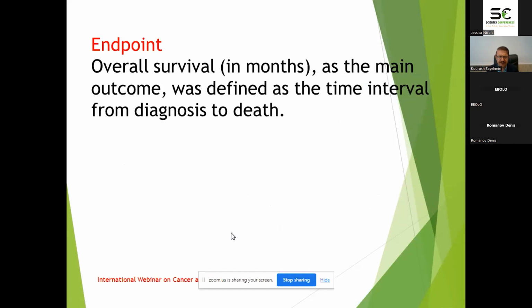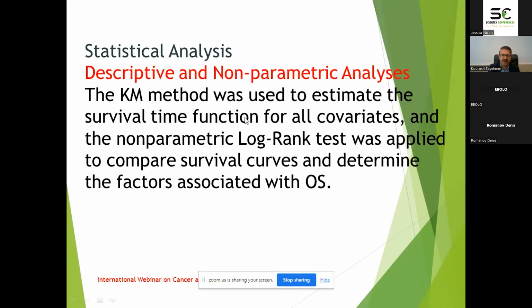In all of the studies on survival times, the main outcome was defined as the time interval from diagnosis to death. I think in most research, this is the endpoint: time from diagnosis to death. We work with these variables.